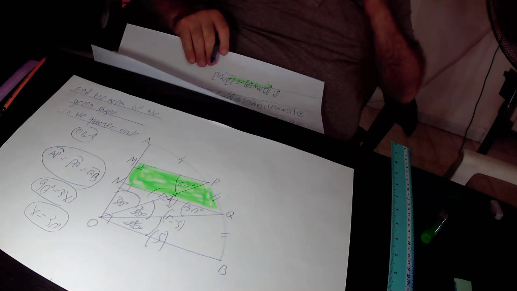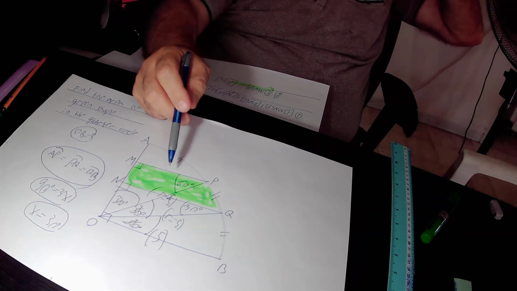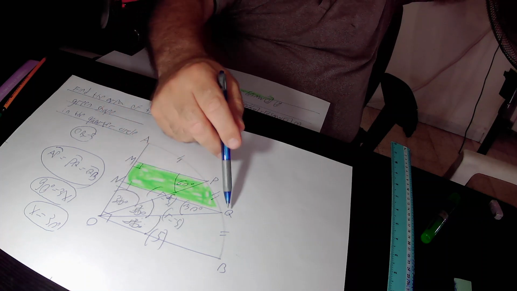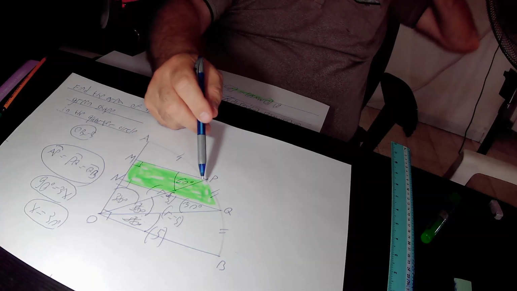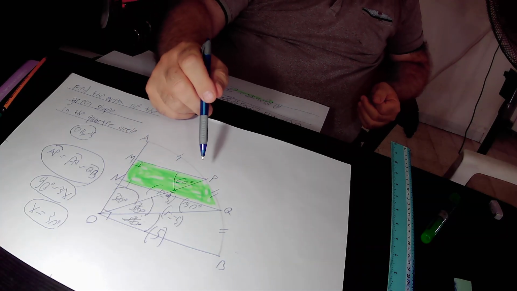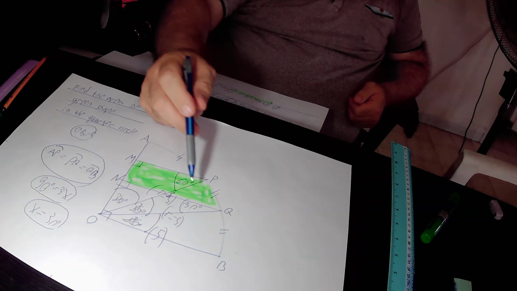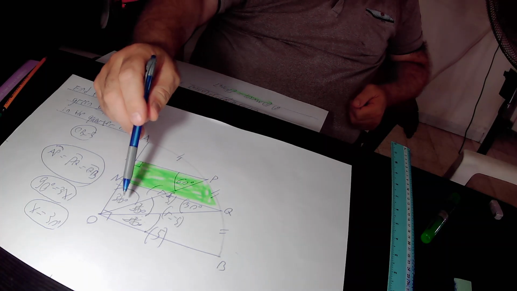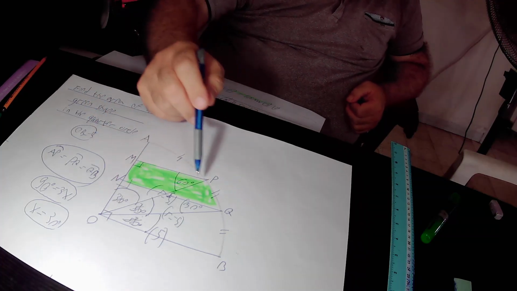So to repeat again, I have found out that the area of this green shape, that is the area that we are looking for in this question, is equal to the area of triangle OSQ, this triangle OSQ, plus the area of this green small shape PSQ. But from the drawing it is very easy to see that the area of the small shape PSQ plus the area of this white triangle OSQ is equal exactly to the area of sector POQ.